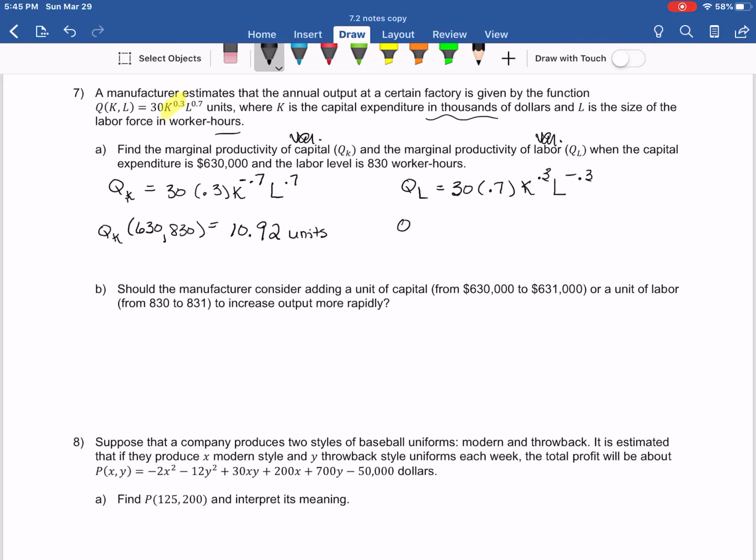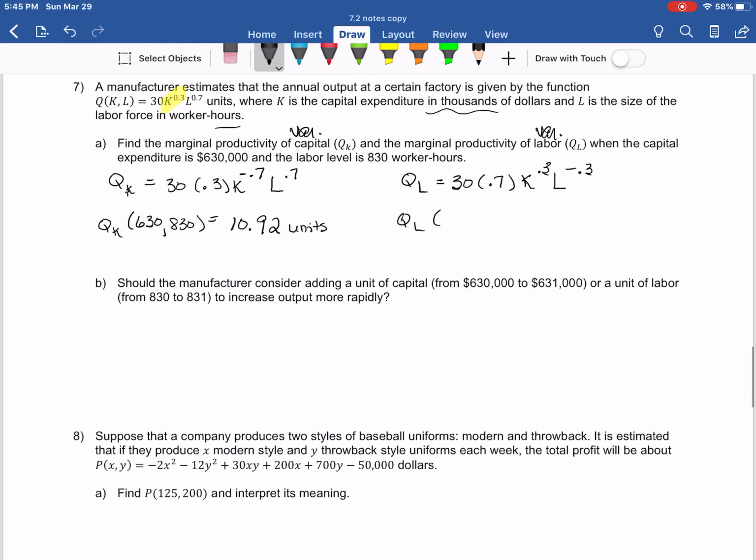And now we evaluate this derivative function at the values, same as before, 630 for K and 830 for the number of hours. And if you plug in those numbers, you should get the answer 19.33 units. Pause the video, make sure you can get that.